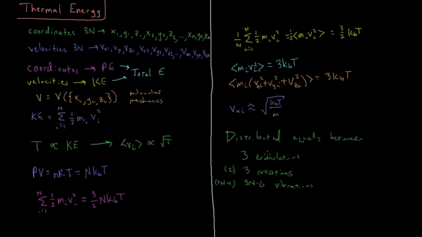So the translations, the kinetic energy of a given molecule, the rotations, the rotating of a molecule, and the 3n minus 6 vibrations of a given molecule, each of those modes will have on average 1/2 kT of energy each.